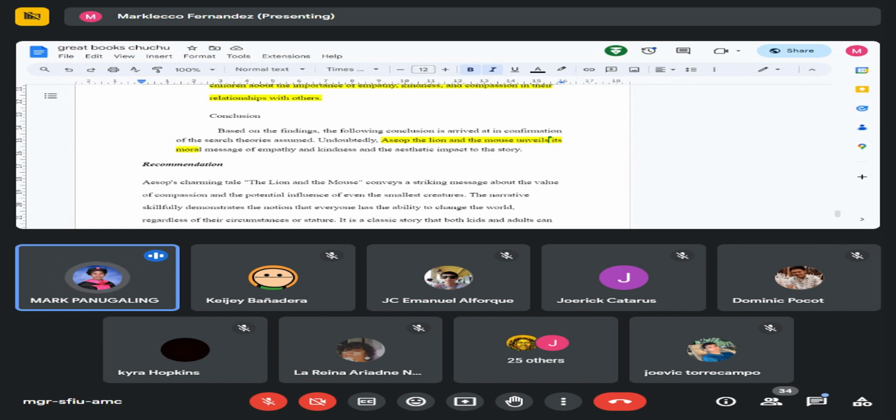Unveils moral lesson, because you will repeat this title, again, The Lion and the Mouse. And nurture empathy.